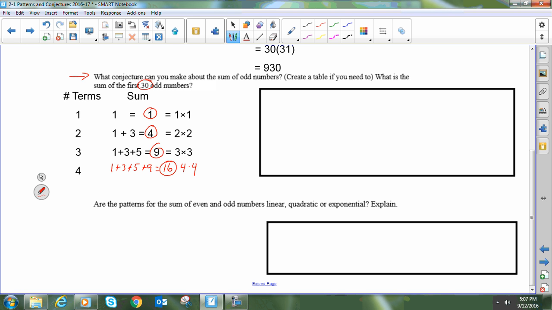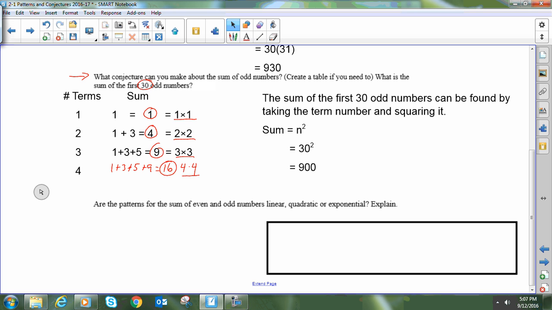Since the linear pattern doesn't work, now I want to see if there is another way that I can get those. I can take the term number and square it, and that would also give me the sum of those numbers. And so that's how I wrote my conjecture. So really we should say the sum of odd numbers can be found by taking the term number and squaring it.